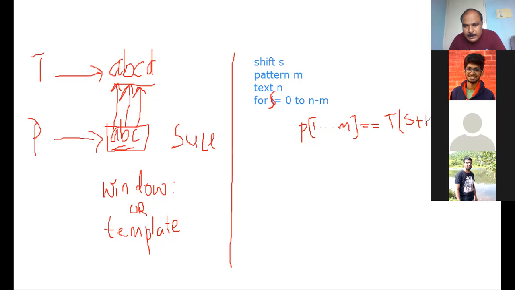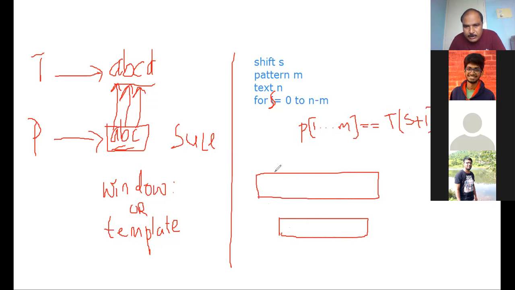What is s plus 1 here? What is the s value? The s value is 0, so 0 plus 1 is 1. Say this is the text.